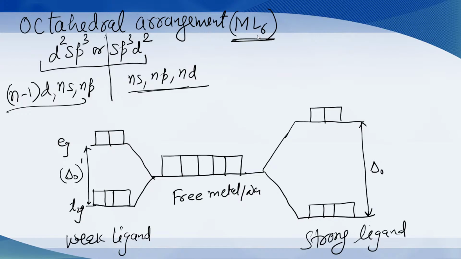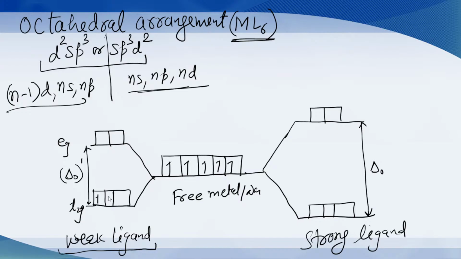Actually, ligands have a pair of electrons which they donate to the metal. Now, let us say we have 5 electrons and the ligand is weak, then the energy difference is less.